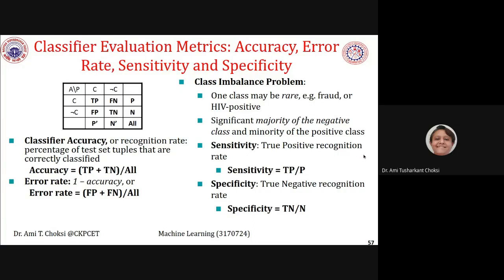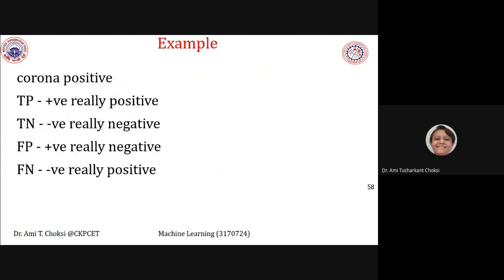Sensitivity is the true positive recognition rate. So that is TP by P, where P is the total of TP and FN, right? Specificity is the true negative recognition rate, and specificity is TN by N, right? This is what we should find.